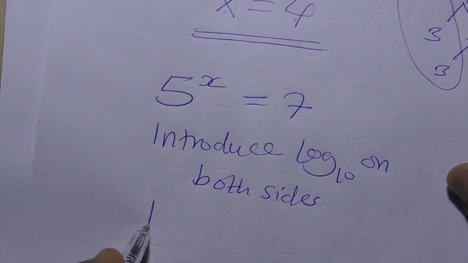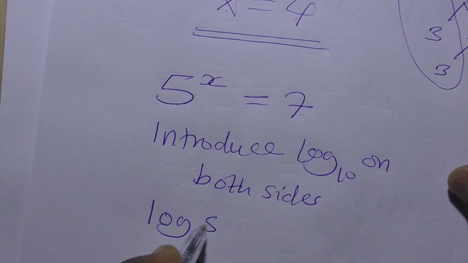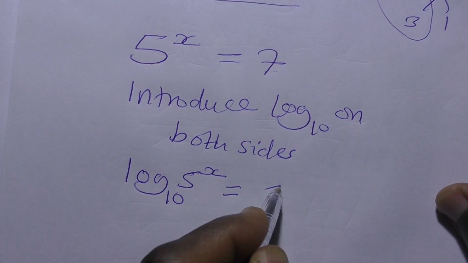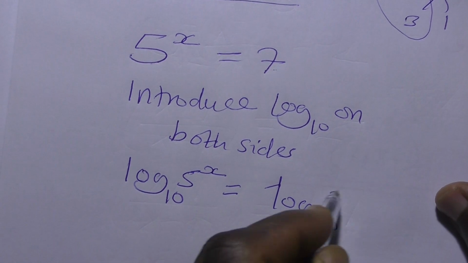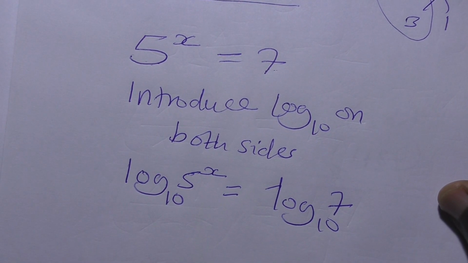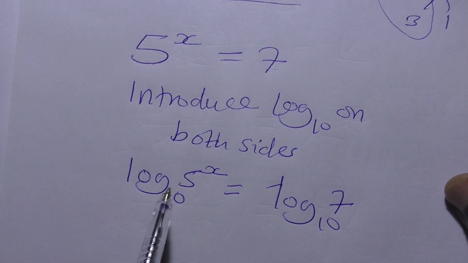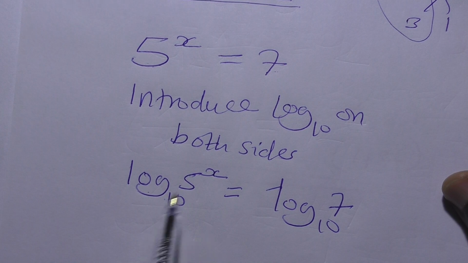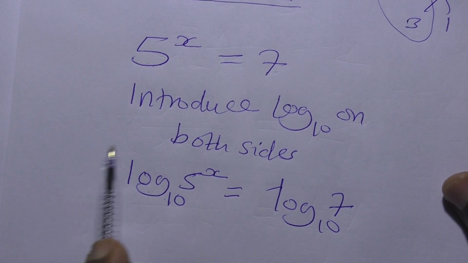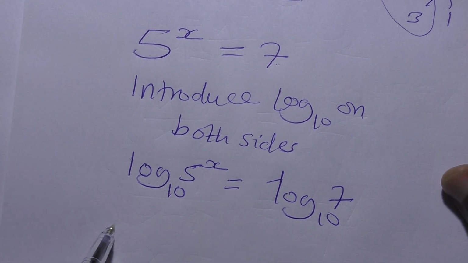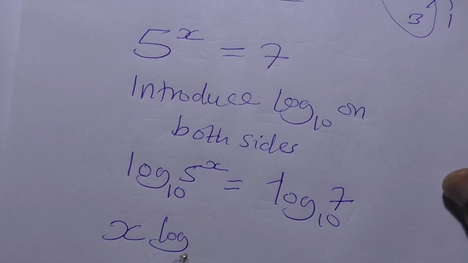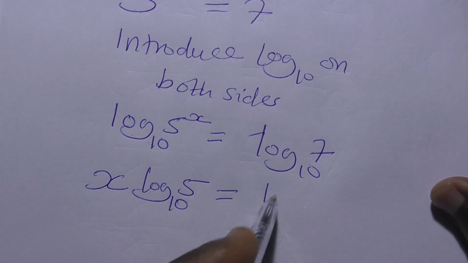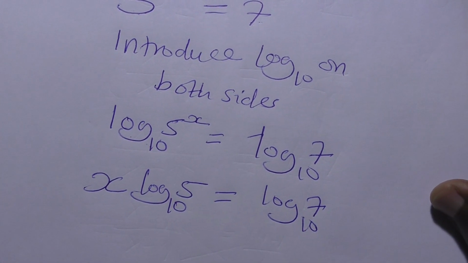That is to say, we shall have log base 10 of 5 power x equaling to log 10 of 7. And now, when we introduce log base 10, that forces x to come down, so that we get x log 10 of 5 equaling to log 10 of 7.